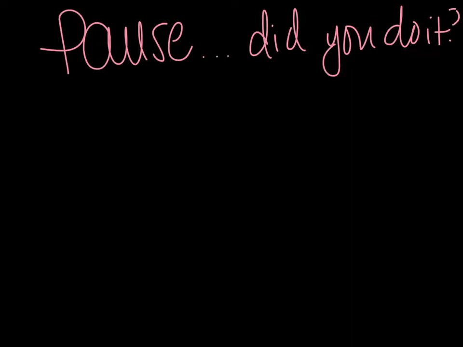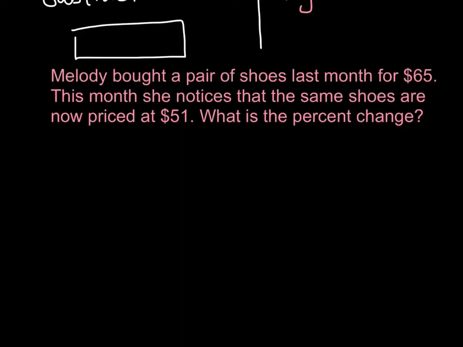Okay, did you do it? If not, I'm serious. Pause, go back to the screen so you can see what I'm talking about, and do the practice right now. All right, so the percent change on the shoes that Melody bought is a grand total of 21.5%.